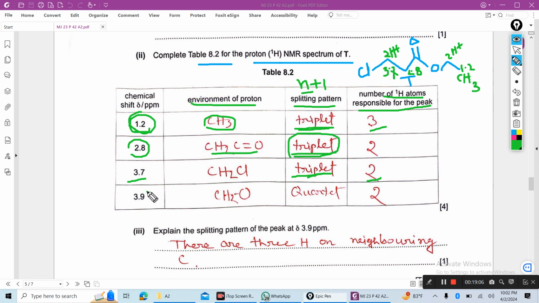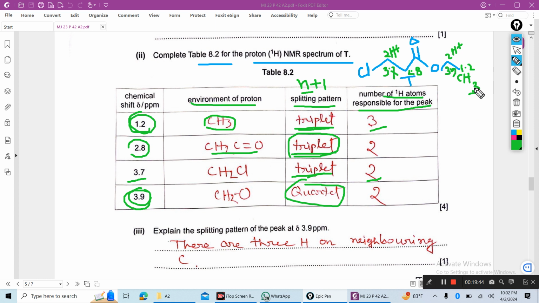Then 3.9 chemical shift is higher, as an electronegative atom is joined, so the chemical shift will be more. So this 3.9 is responsible for this CH2O. The neighboring proton group is CH3, so the splitting pattern will be a quartet.